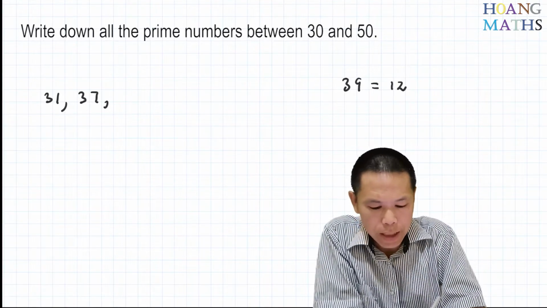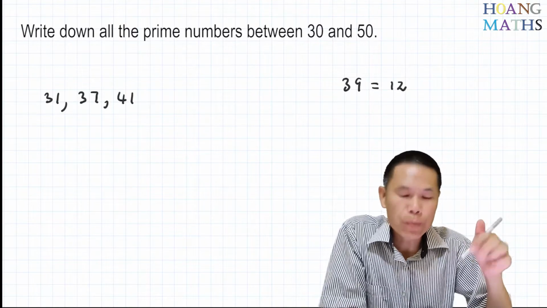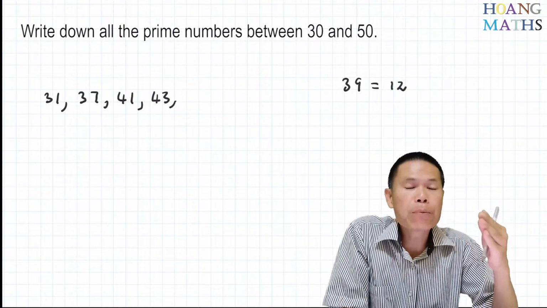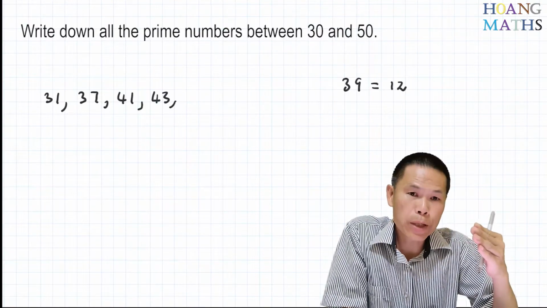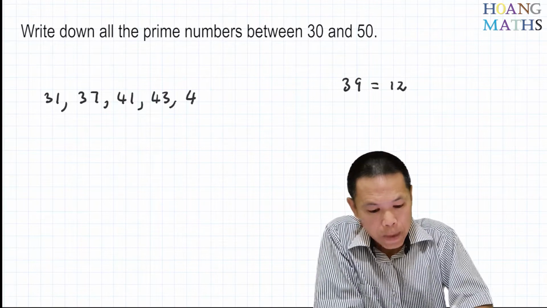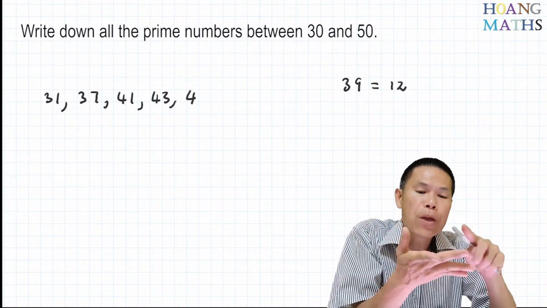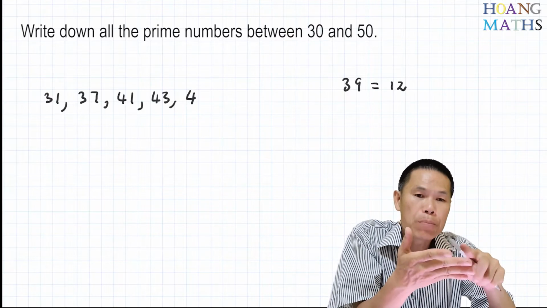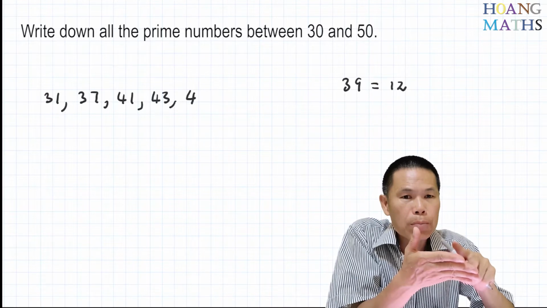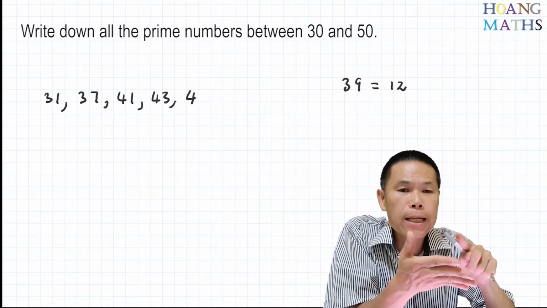So after 37 will be 41. Now after 41, it should be 43. Now after 43, it should be 47. Because 44 is not a prime, 45 is not a prime, 46 is not a prime because 46 is even anyway, and 47 is a prime because 47 cannot be divided by any other number except 1 and itself.